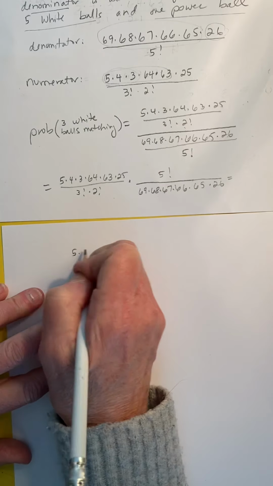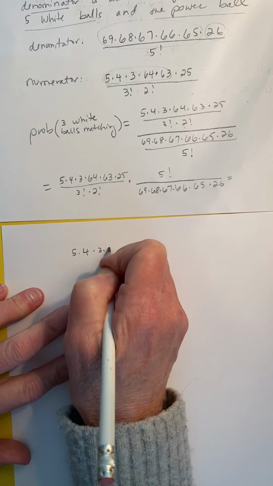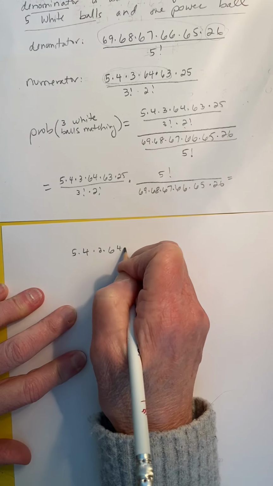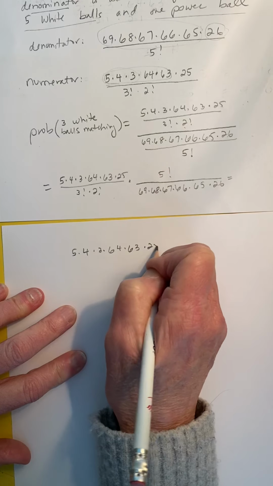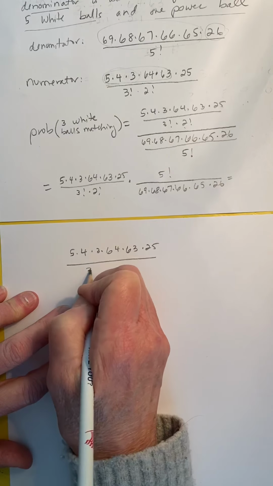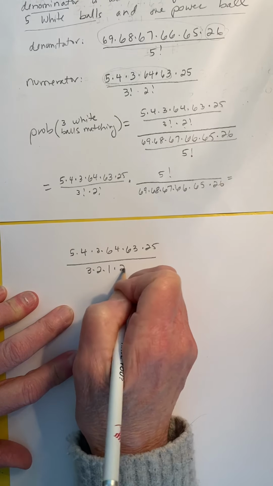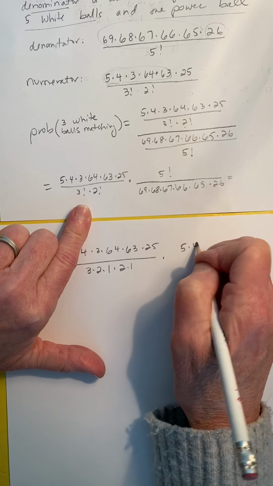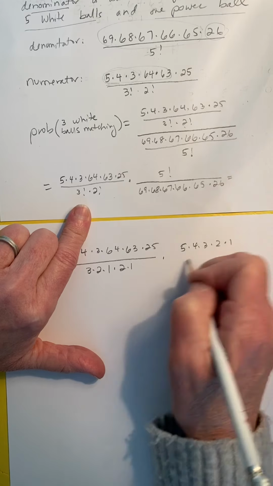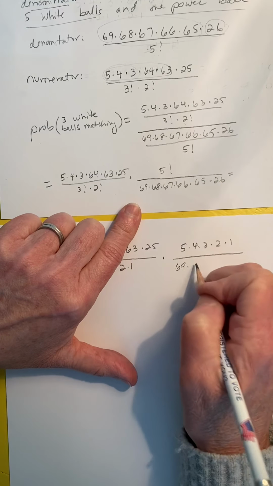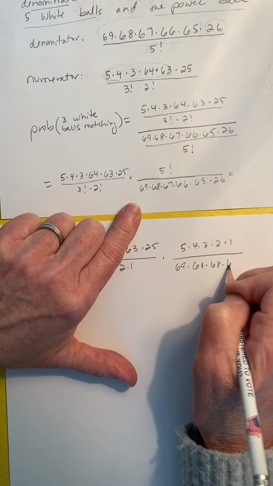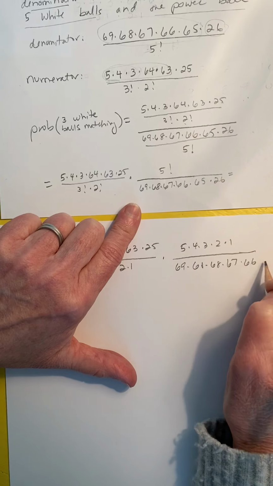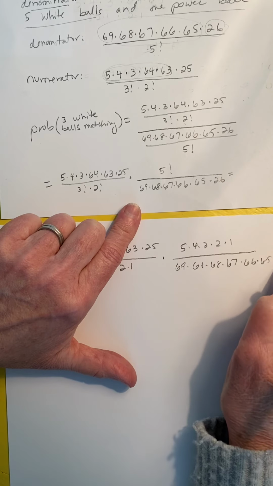I have 5 times 4 times 3 times 64 times 63 times 25. 3 factorial is 3 times 2 times 1 times 2 times 1. 5 factorial is 5 times 4 times 3 times 2 times 1, all over my denominator, which is 69 times 68 times 67 times 66 times 65 times 26.